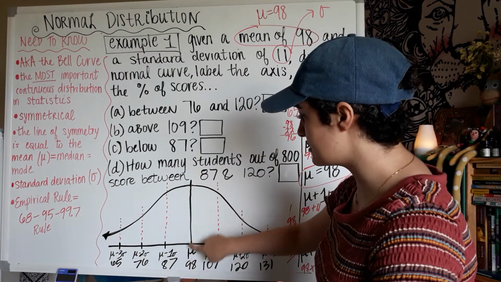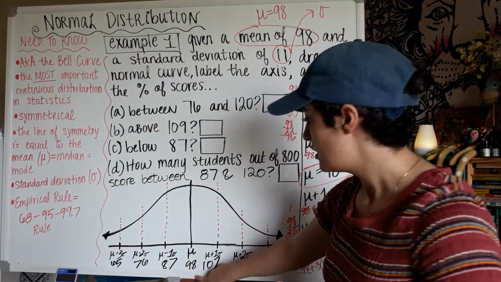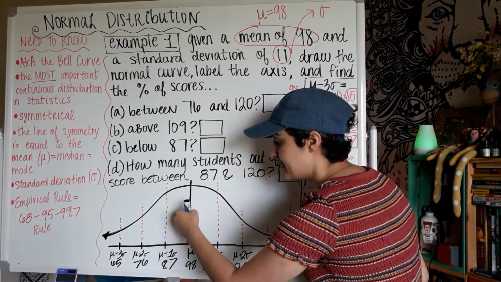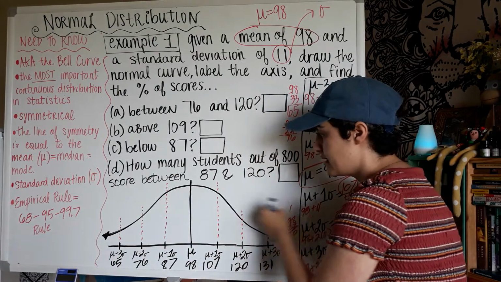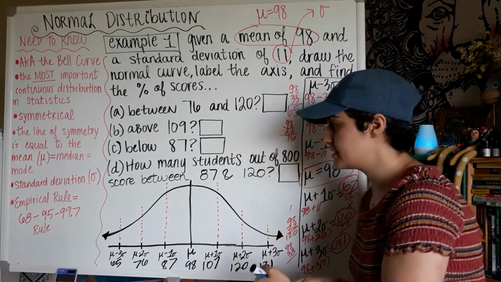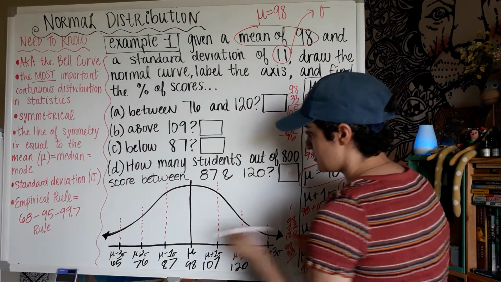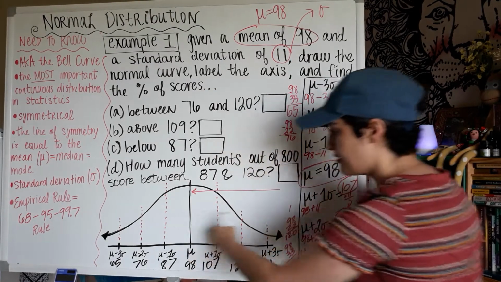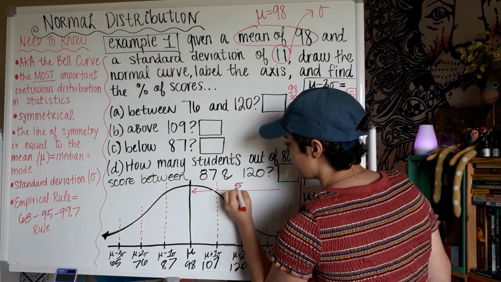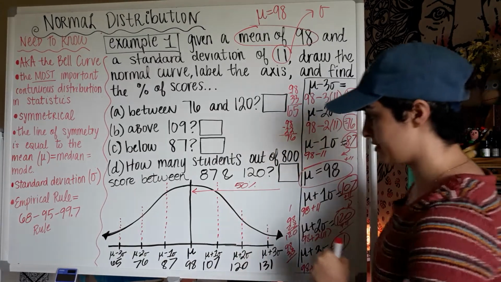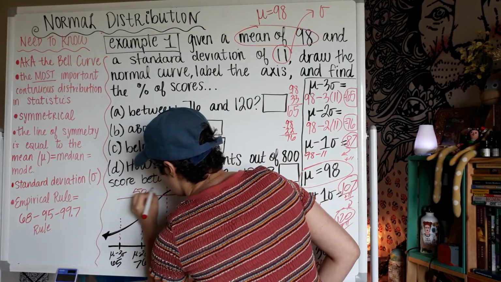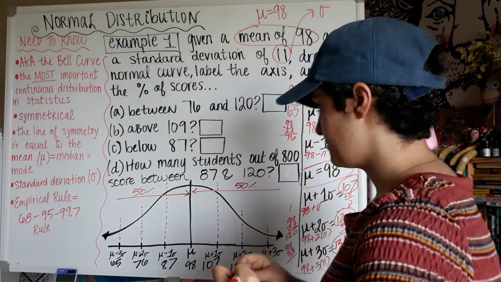So since this is our line of symmetry, it is logical to say that from here onwards is 50% of the data. So let's do that. From the line all the way to the right, that is 50% of the data. Same thing over here. That's 50% of our data.